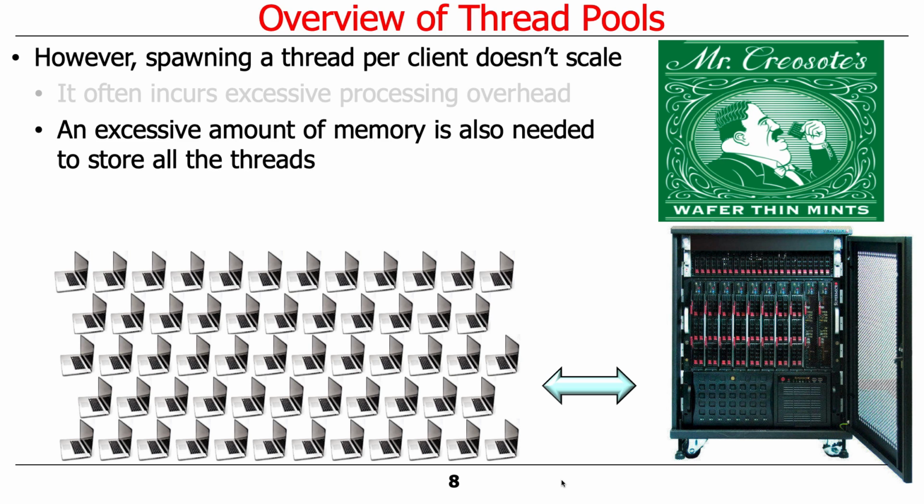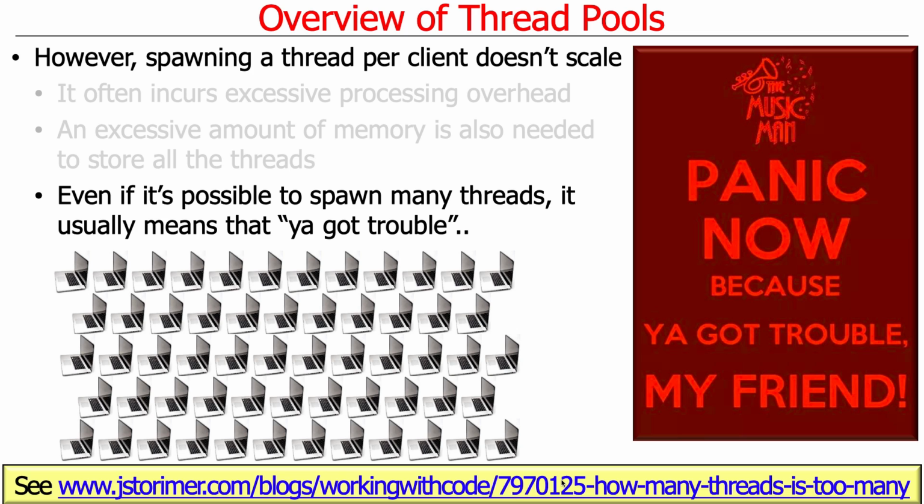You'd have a lot of extra memory. You'd have all these entries in the thread scheduling table inside the operating system. It would have to spend a lot of time managing that giant data structure. Just not a good idea. So even if it's possible to spawn threads, and on most operating systems nowadays you can spawn a lot of threads, it's probably not a good idea to do things like that in general.